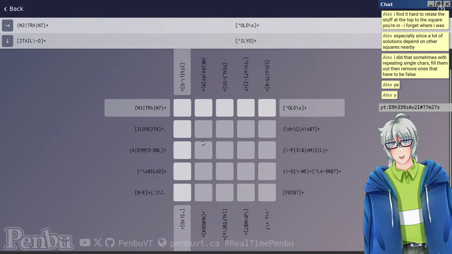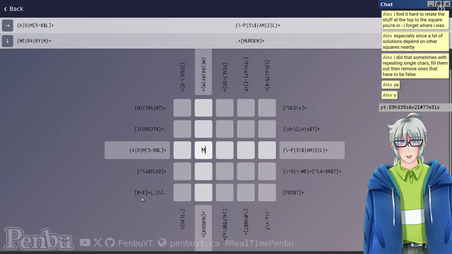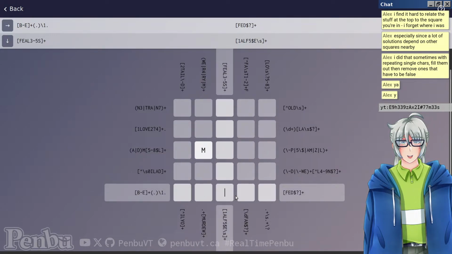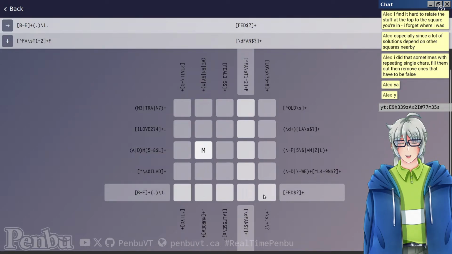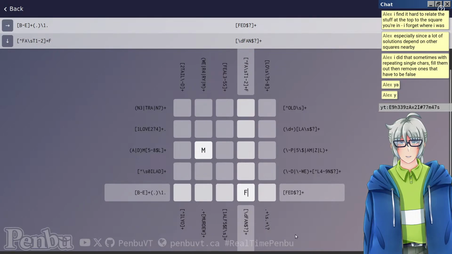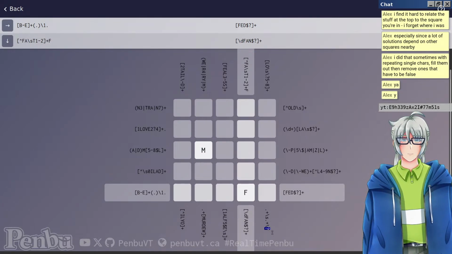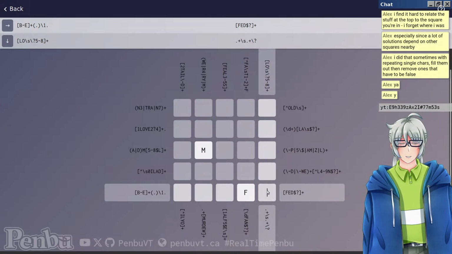Alright, find the constants. This is an M. As a capture group, this has to be the same here and here. Any more constants? This is an F. That's at the very end. This is a question mark at the end.